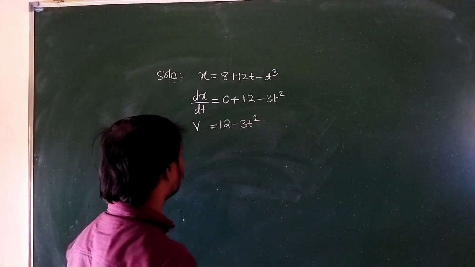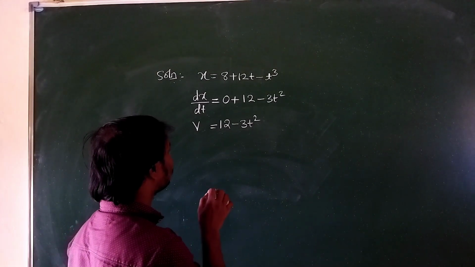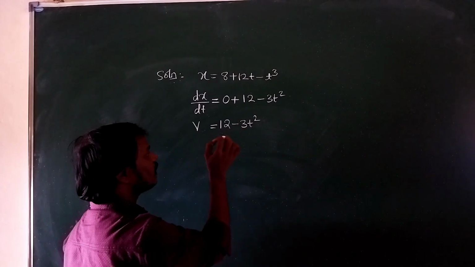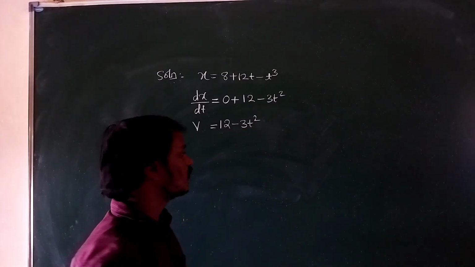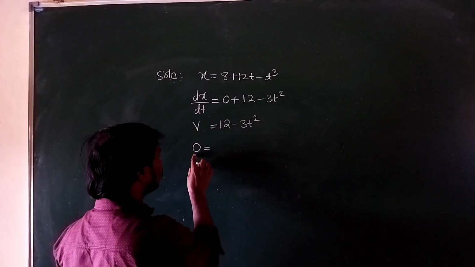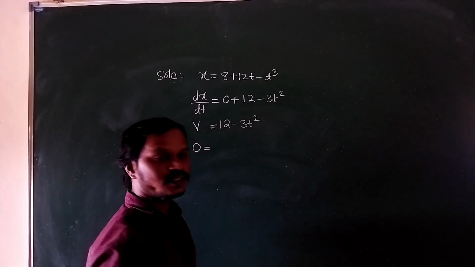Now acceleration. What about acceleration? Before finding the acceleration, first we have to find the time value. So when the velocity becomes 0, then 12 - 3t^2 = 0.